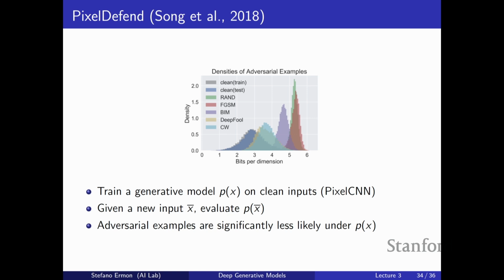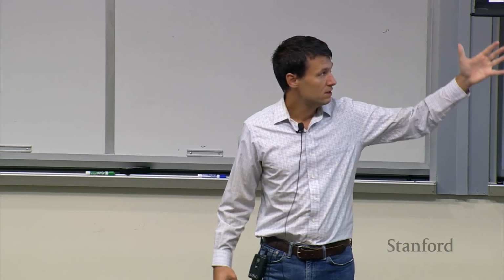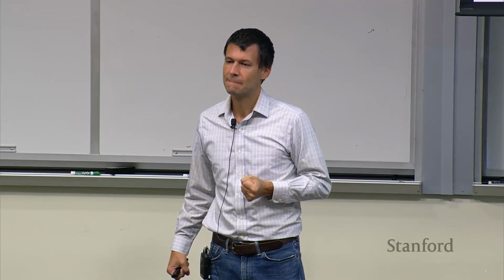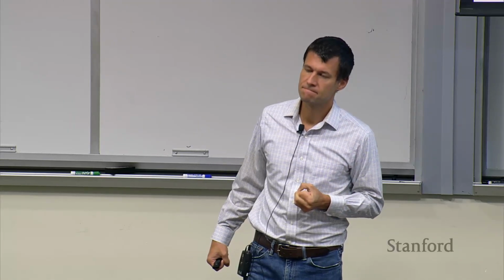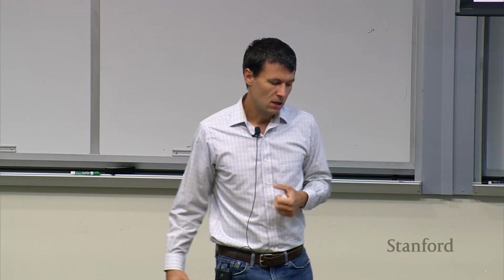What makes the autoregressive architecture more robust to adversarial examples? So the question is whether the autoregressive PixelCNN defends against adversarial attacks better than other models. Yeah, so it's not necessarily better.